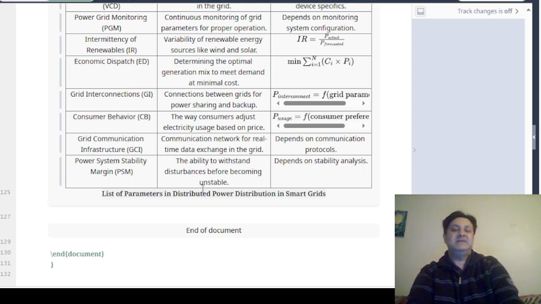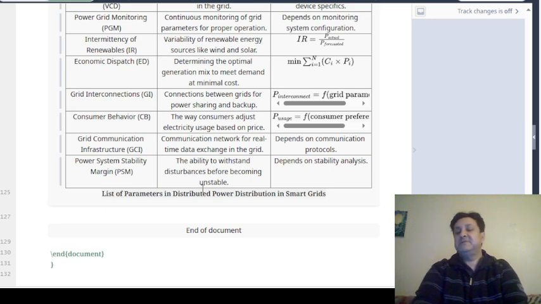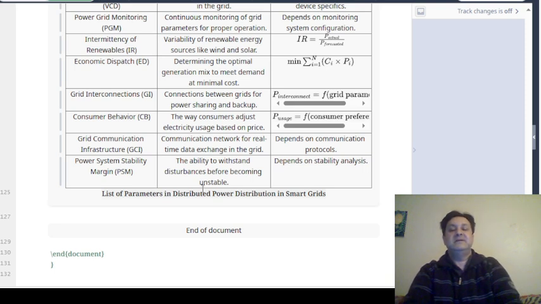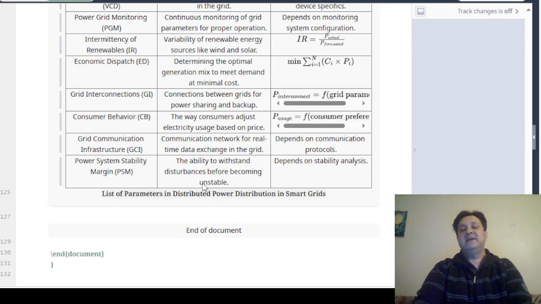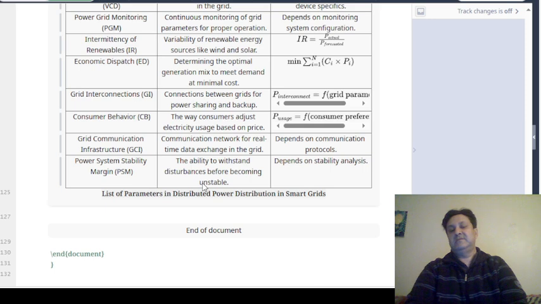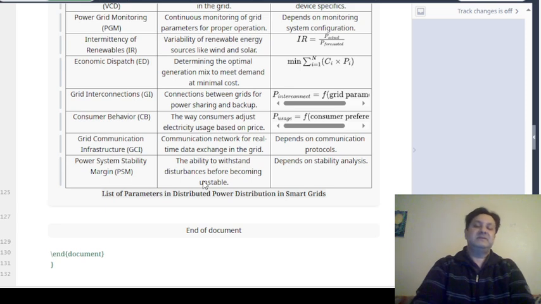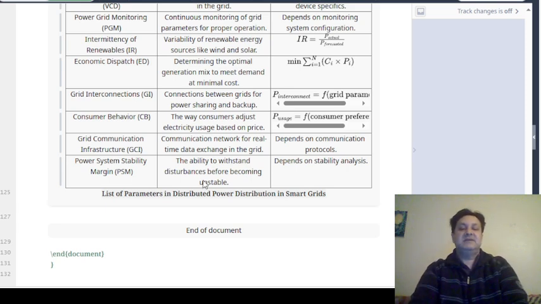Now, again from the managerial point of view, consumer behavior is important: the way consumers adjust electricity usage based on price. The utility companies do not always look only into the technicality. They have to understand how the consumer reacts and adjusts electricity usage based on price. And the last two things: grid communication infrastructure, the communication network for real-time data exchange in the grid.